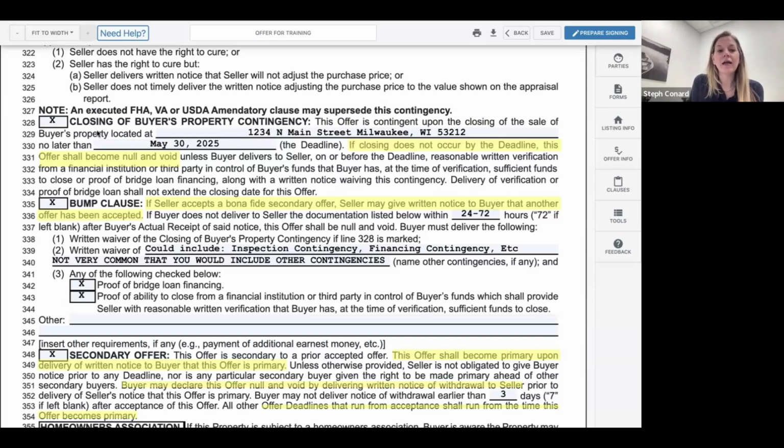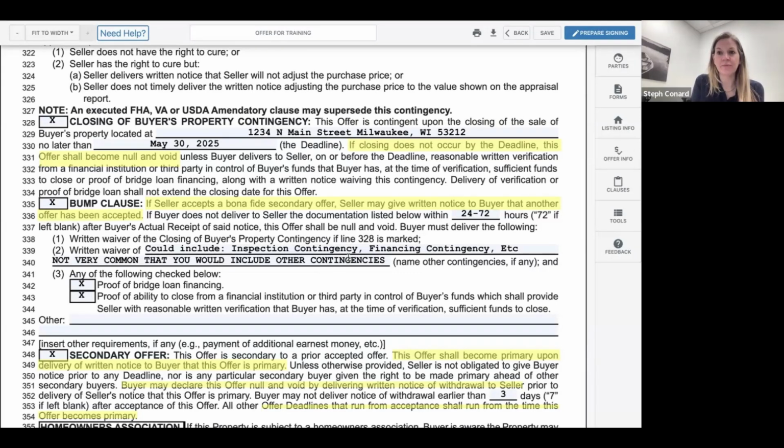It's very advantageous for a buyer to have a home close contingency in their offer to purchase. In order for that seller to feel comfortable with accepting an offer with a home close contingency, they might want to include a bump clause.